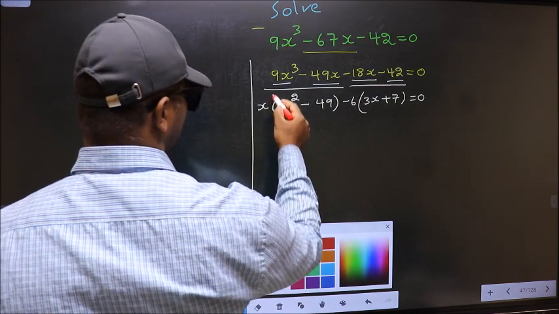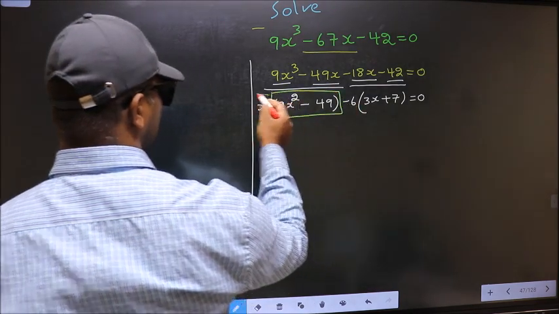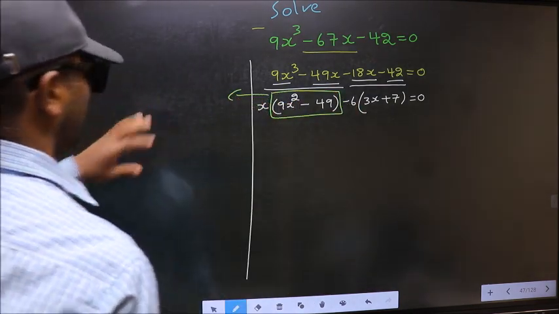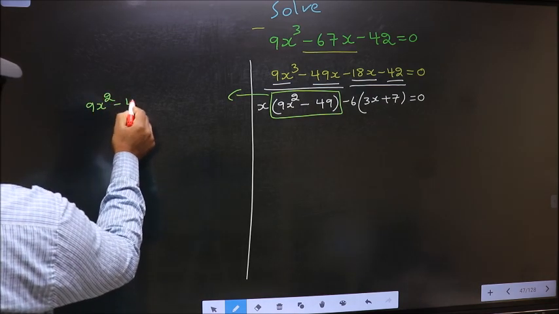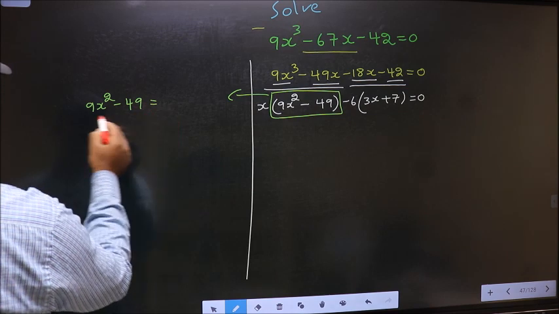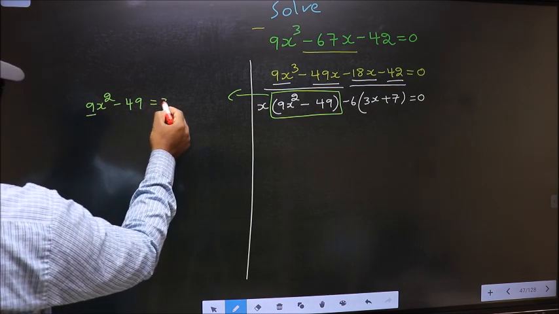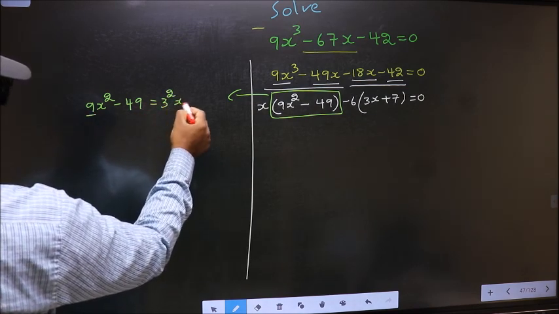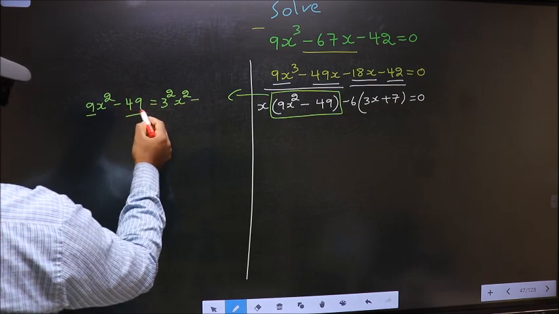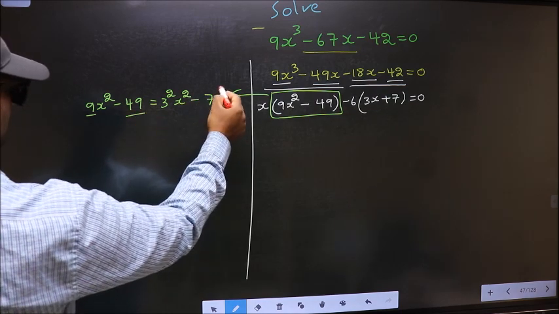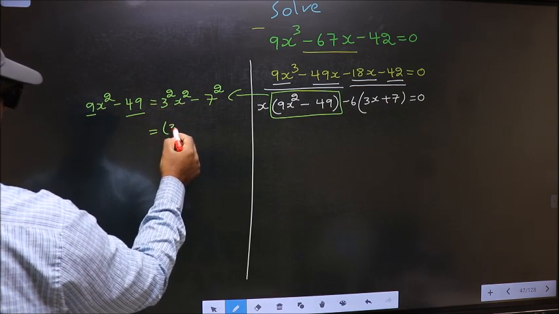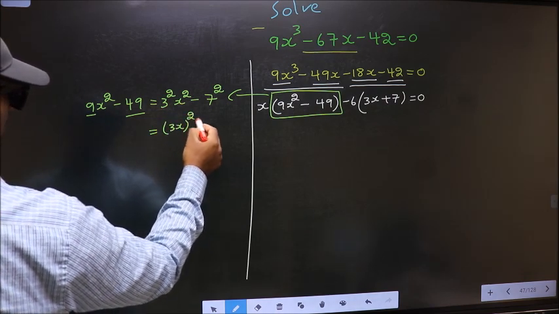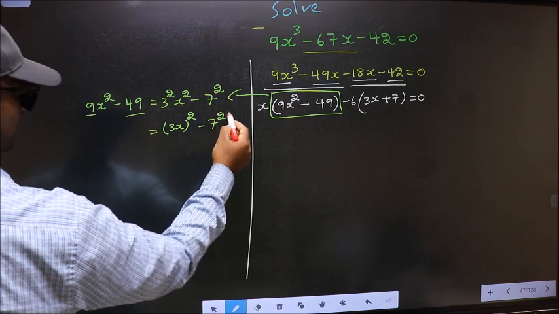Now this quadratic I will simplify here. That is 9x square minus 49 equal to, in place of 9, now I write 3 square x square minus, in place of 49, now I write 7 square. So 3 square x square is nothing but 3x whole square minus 7 square.